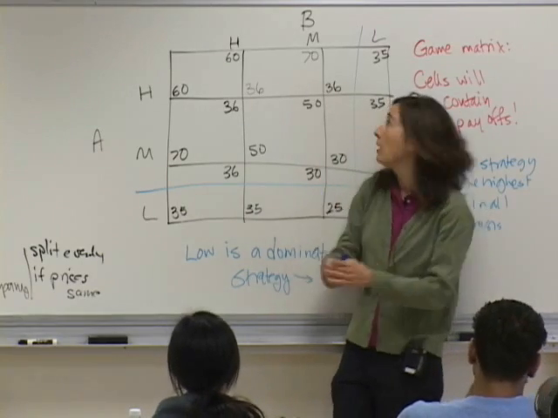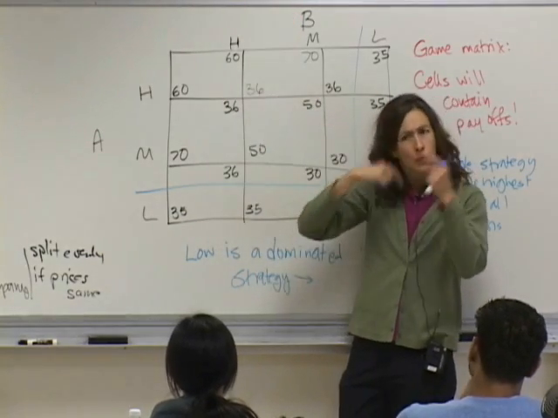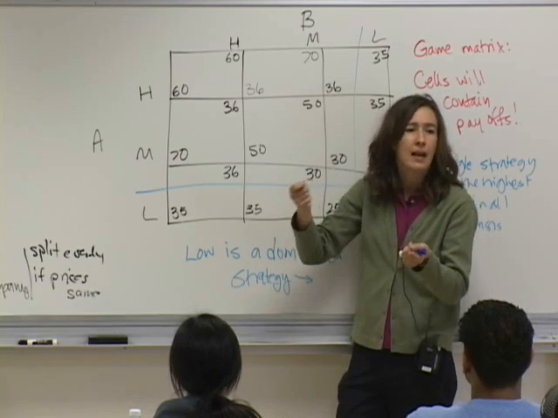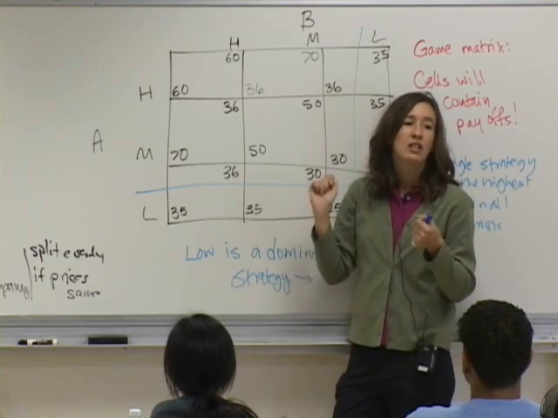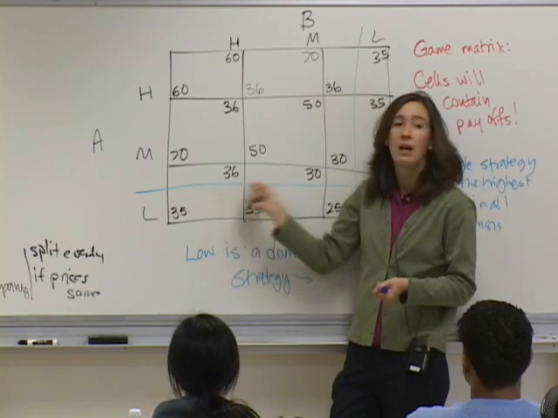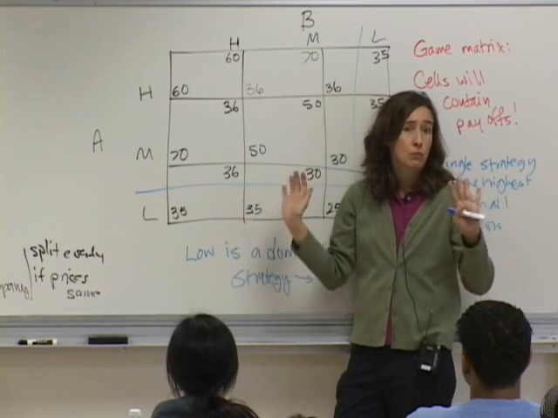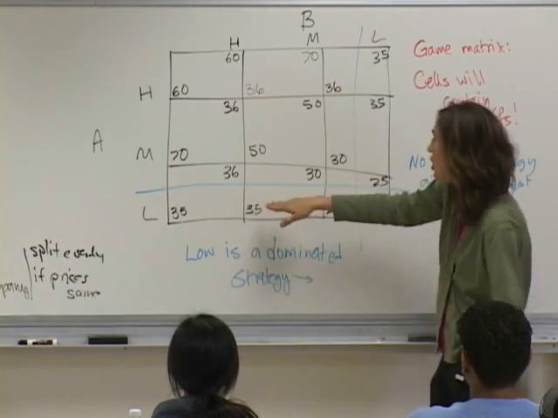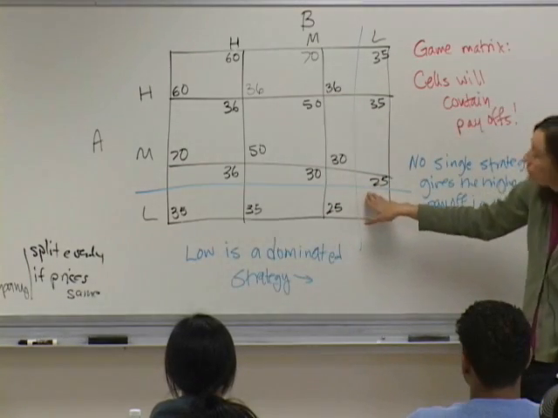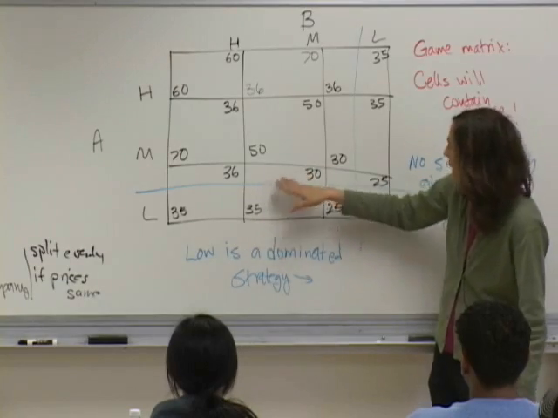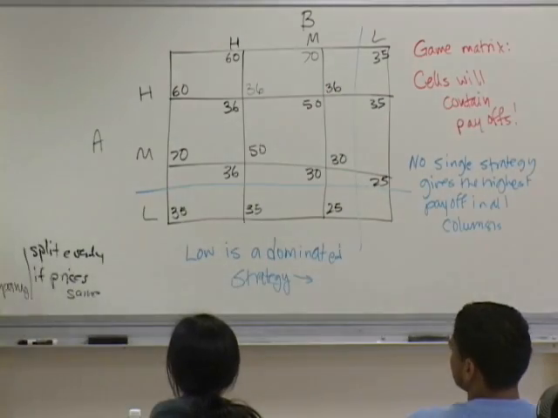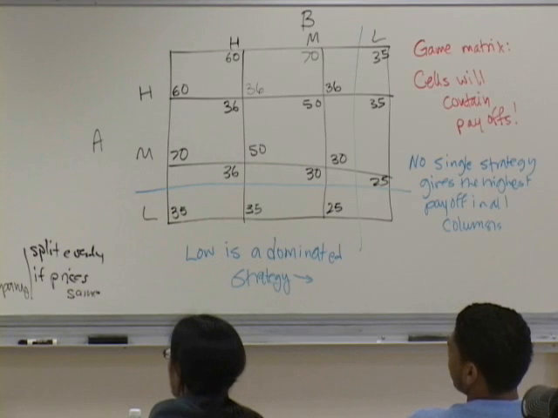Okay? And from the point of view of Pizza B, trying to strategize, wondering what Pizza A is going to do, Pizza B is going to say, well, she's smart enough to know that low is never a good choice. I don't have to worry about her playing it. So we're going to take this dominated strategy out of the game for A, and we're going to take it out of the game for B. And then we're going to iterate.